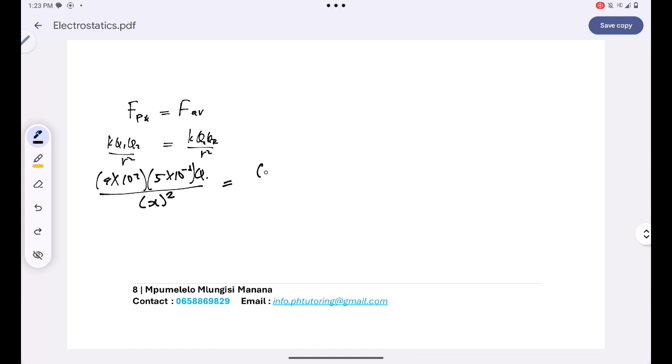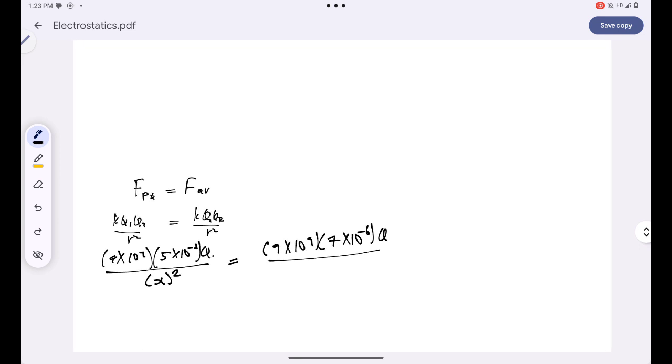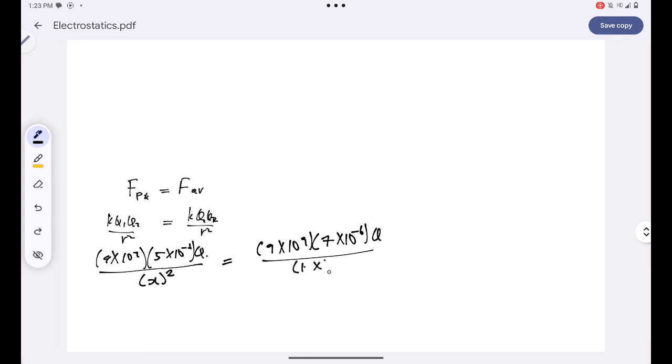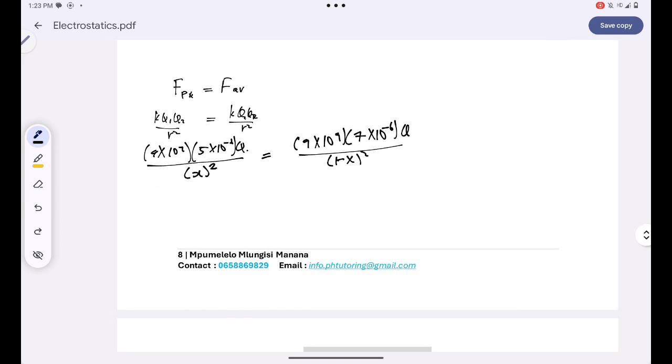And then over here I have 9 times 10 to the power 9 multiplied by 7 times 10 to the negative 6 multiplied by Q. Let me confirm. Yeah, it's 7 microcoulombs. And the distance is just 1 minus x squared.